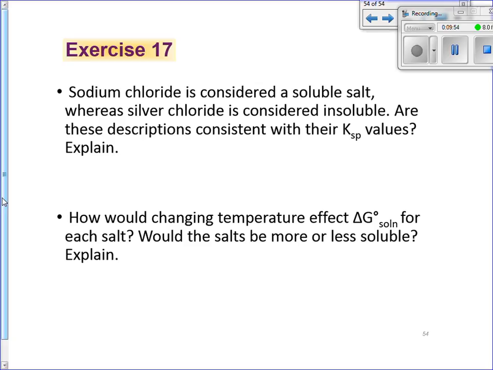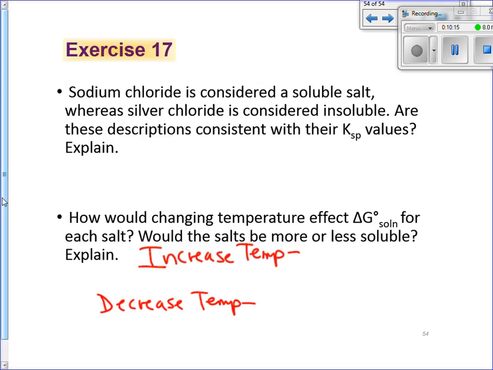But how would changing temperature affect delta G for each salt? So if you were to increase the temperature, how would that change the solubility? How would it affect it if you decrease the temperature? Yes?